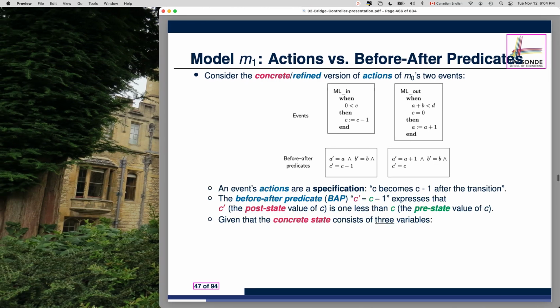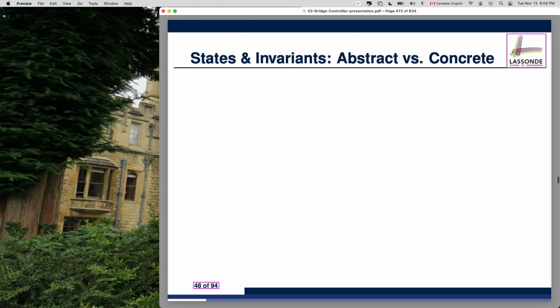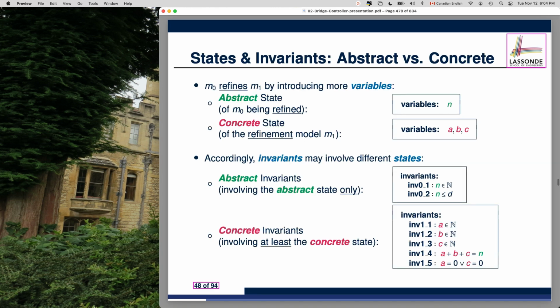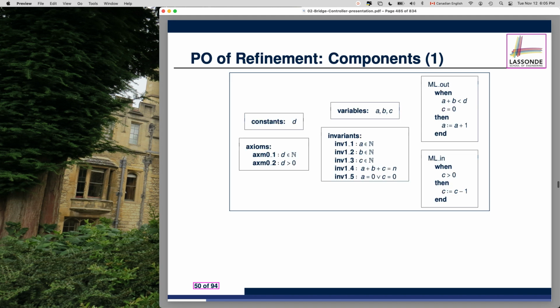If you look at the slides, this part over here is something we just said: you have to make sure you cover all the variables. And then over here, it's just about abstract versus concrete. Starting from slide 50, the two slides before are just about abstract versus concrete, which we also covered earlier. Now we need some new notation to really cover the concrete world as well.